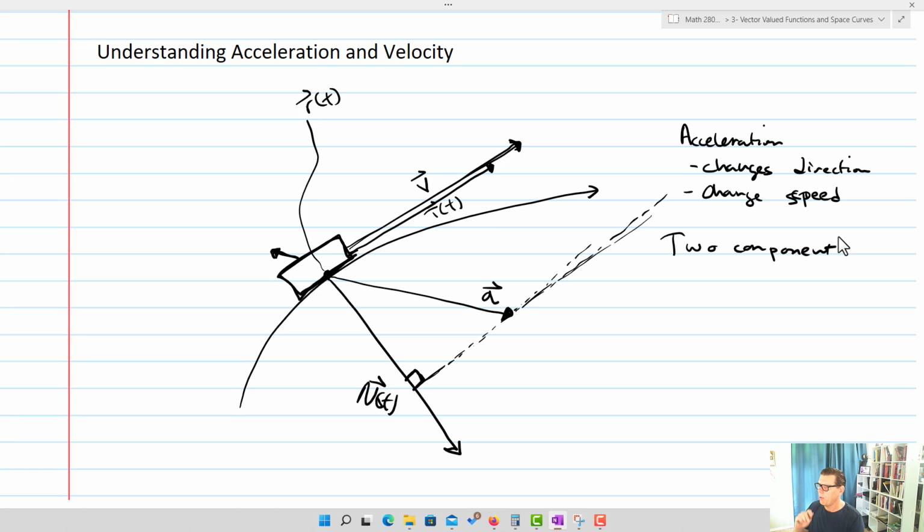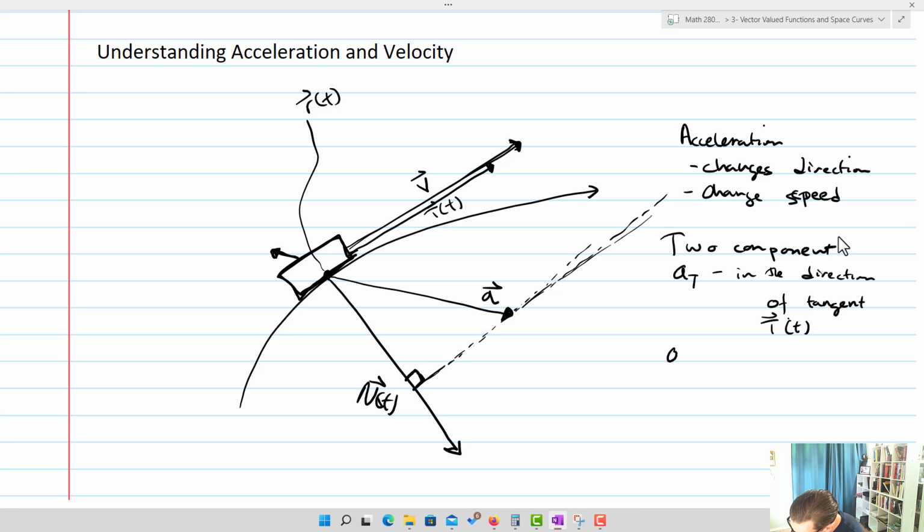So we have a component of the acceleration vector, a of t, in the direction of the tangent, excuse me, in the direction of T of t.